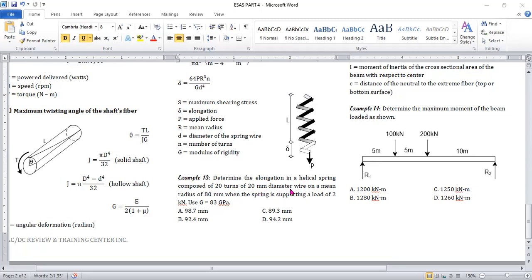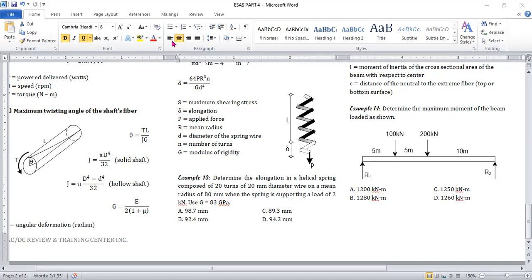The 20 mm here refers to the variable D. The mean radius is 80 mm, which is the variable R. The spring is supporting a load of 2 kilonewtons. Use a modulus of rigidity equal to 83 gigapascal.